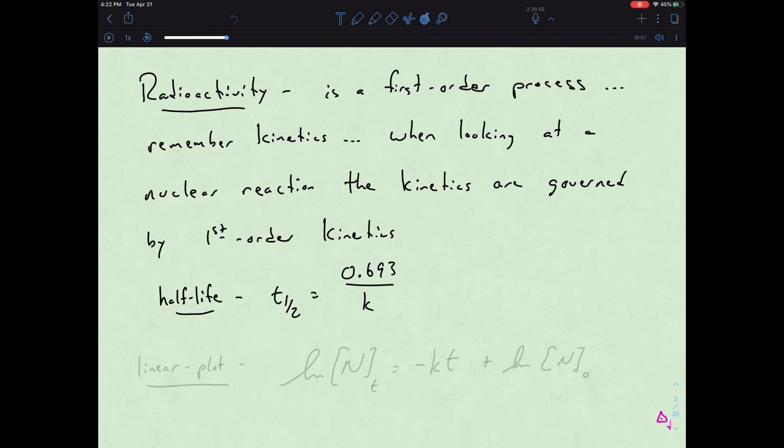And then we also have the notion of the linear plot, where we would have the natural log of the concentration of some component at time t is equal to negative little k times t plus the natural log of that initial concentration.